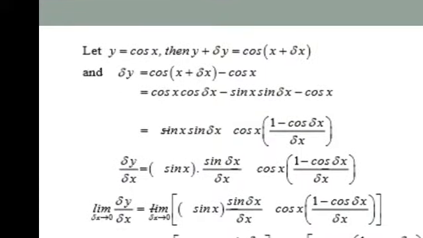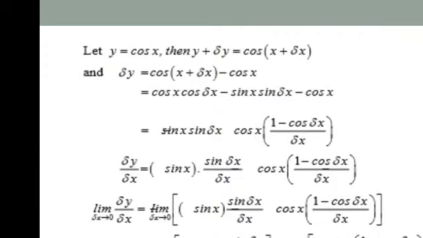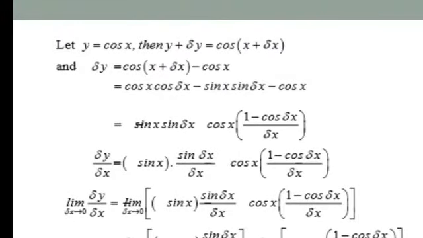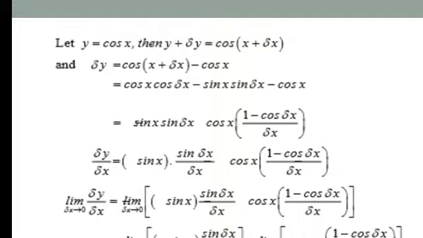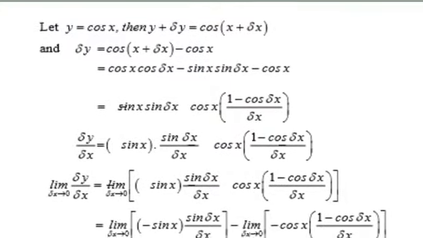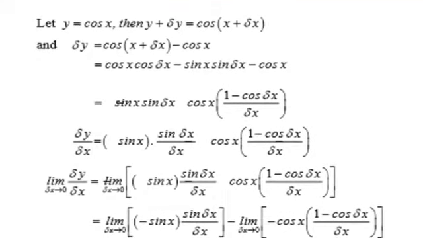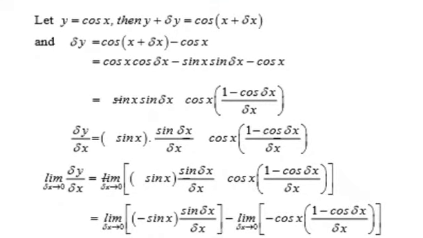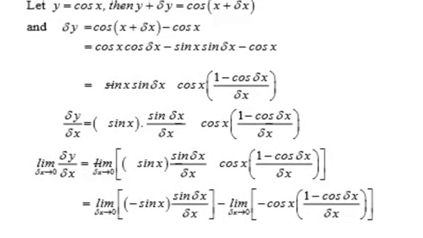Now in the second proof, y is equal to cos x. We replace y by y plus delta y, and cos x becomes cos (x plus delta x). We move y to the right hand side. Y means cos x, and in the first value cos (x plus delta x), we apply the formula cos (alpha plus beta) equals cos alpha cos beta minus sin alpha sin beta, and then we take cos x common from the first and last values, and divide by delta x.